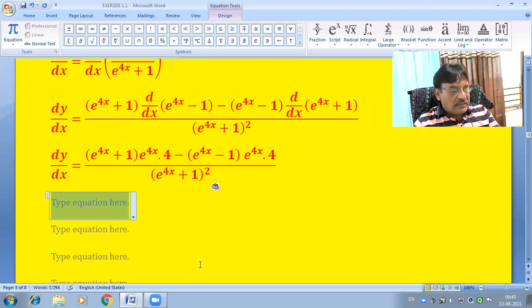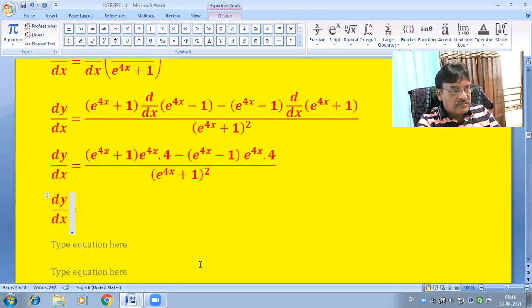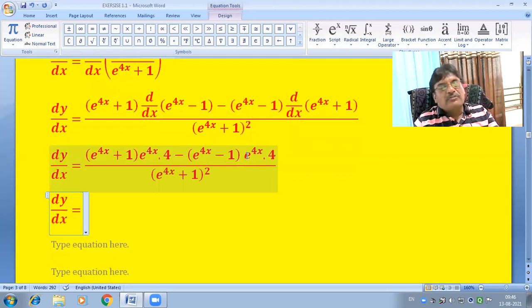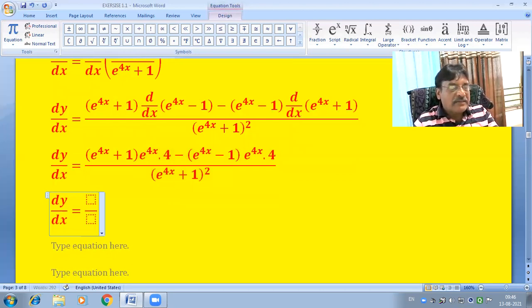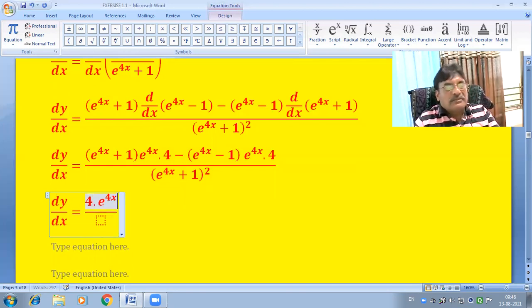Therefore, dy by dx, that is d/dx of y, is equal to 4 into e to the power 4x here, and here also 4 into e to the power 4x. So take 4 into e to the power 4x common from the numerator.